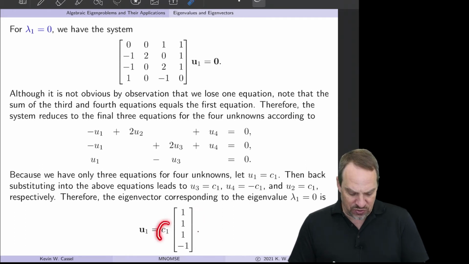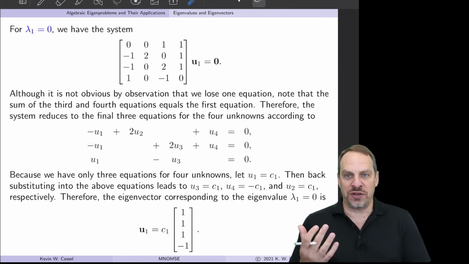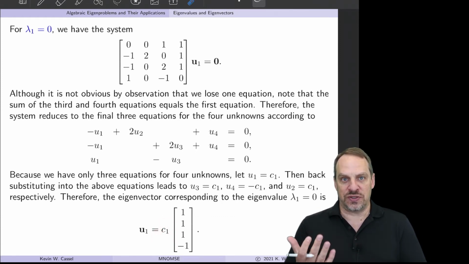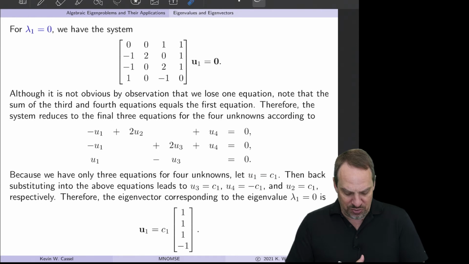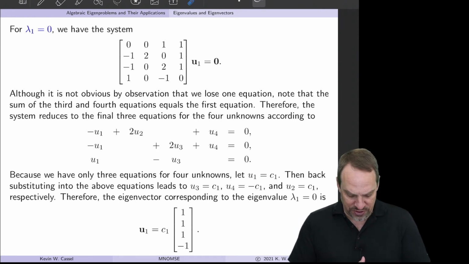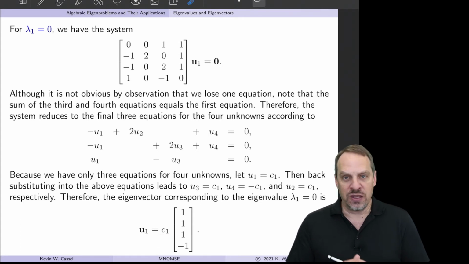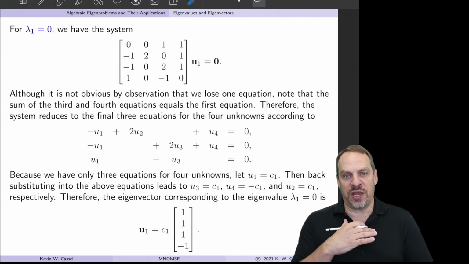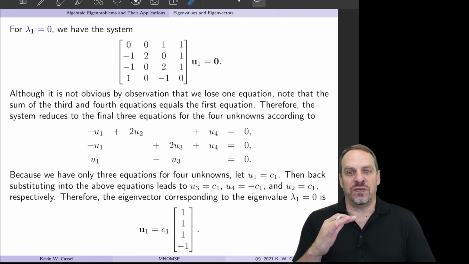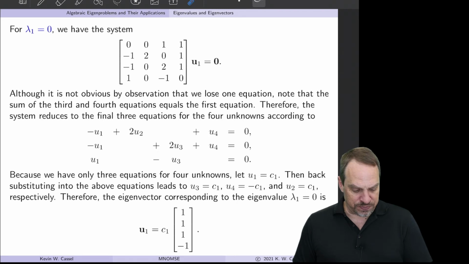Once again, we'll generally not include the arbitrary constant because it's assumed, but I've included it here just for clarity. So 1, 1, 1, minus 1, or times any arbitrary constant gives you the same eigenvector. Okay, so this is a regular eigenvector, came through the regular eigenvector procedure.